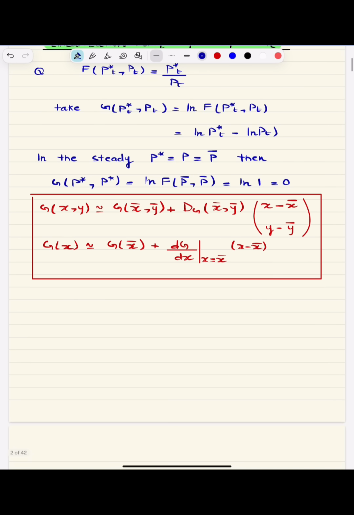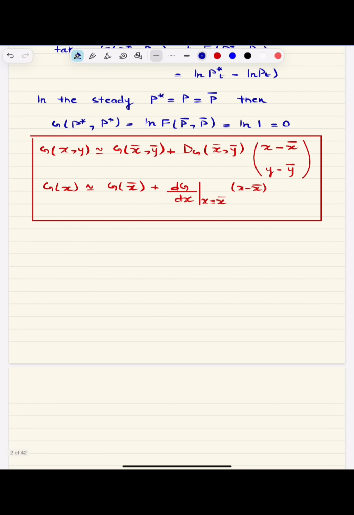So let's start linearizing the function g, P star T, PT. P star T is the optimal price, PT is the actual price, which is ln P star T minus ln PT.